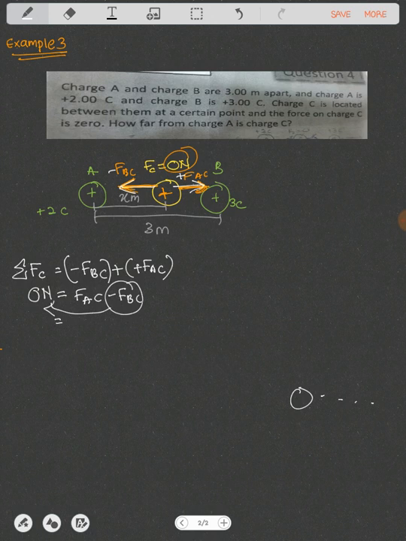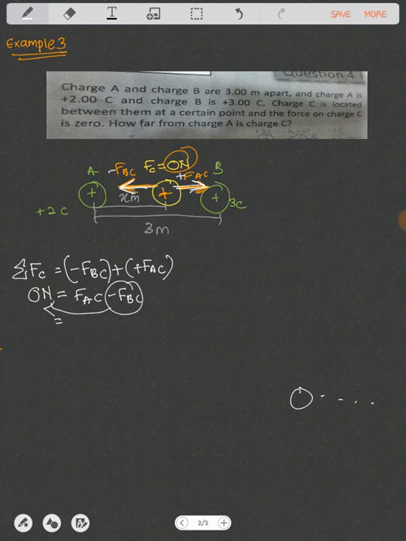Tapi lagi satu clue, selain daripada dia di arah yang bertentangan, FBC dengan FAC ni di arah bertentangan, mereka juga mempunyai value yang sama. Barulah bila yang tu dengan tu sama, dia tolak, so dapatlah jadi 0. End up kalau benda tu tak sama value, dia akan jadi bertambah atau berkurang juga. Okay, so dia akan jadi value yang sama.